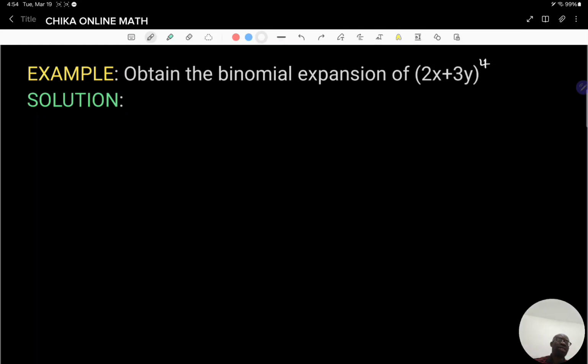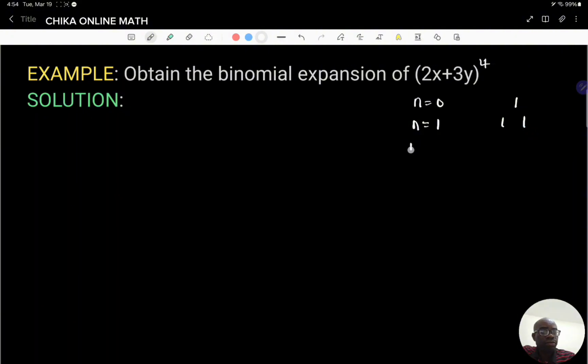We use the Pascal triangle to get the coefficients of the terms in the expansion. So we'll generate the Pascal triangle for n equal to 4. Let's start with n equal to 0, we have 1. For n equal to 1, we have 1, 1.